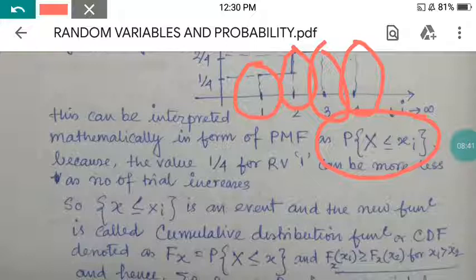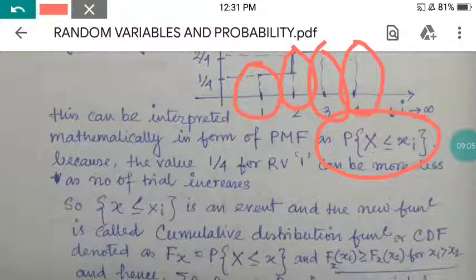Because as the number i goes higher, that is 5, 6, 7, 8 more trials, if you are involving more trials, then obviously for 1 trial the probability of getting a head is 1/2. For 2 consecutive trials, 1/2 into 1/2.